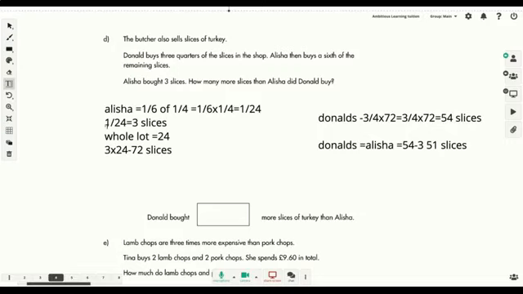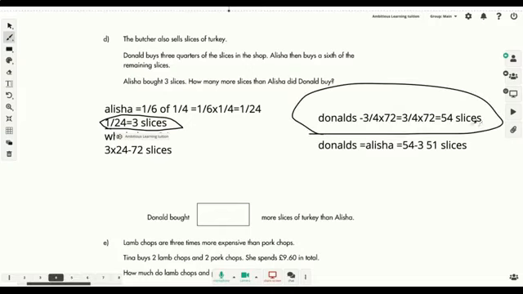First, you found out how much Alicia got. She got 3 slices. And how much Donald got? You found that it's 54 slices. So if you look at this one here, it's Alicia's 3 slices. And this one here is the Donald slices.